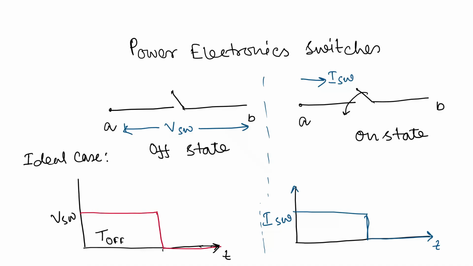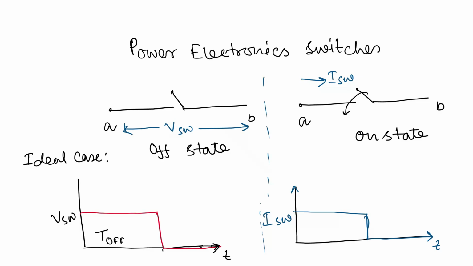In the waveform, the red line, T off, indicates the off time. The switch has two states: on state and off state. Off state means no current is flowing and the switch is in the off position. At that moment the voltage applied across the switch is the same and no current is flowing through it.